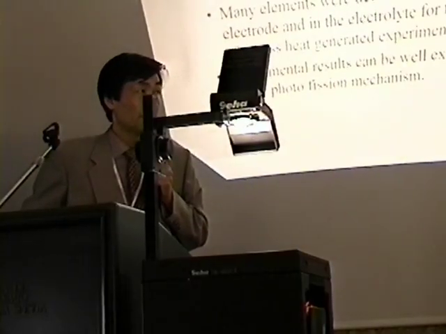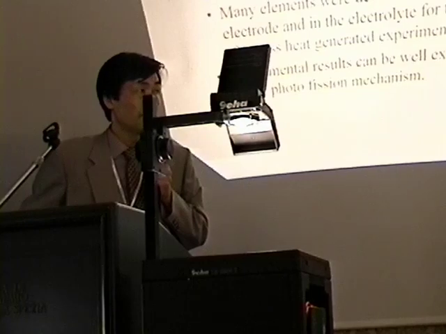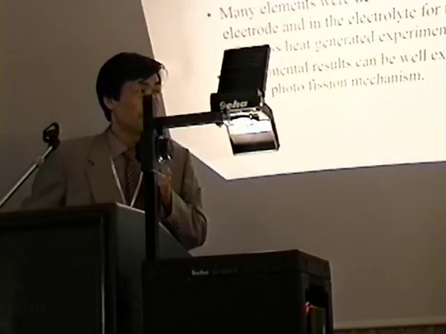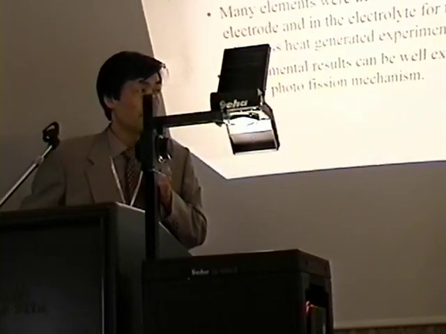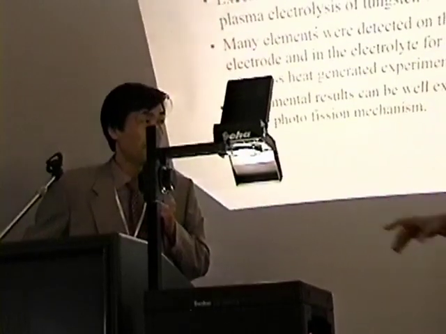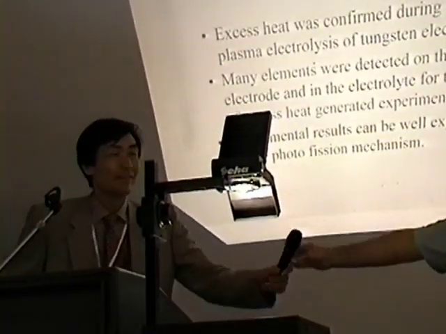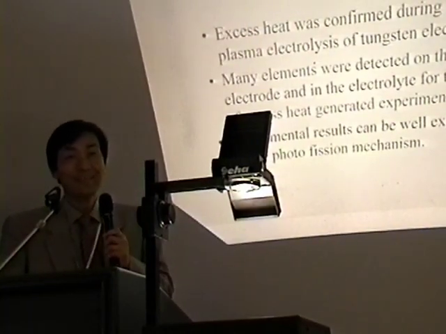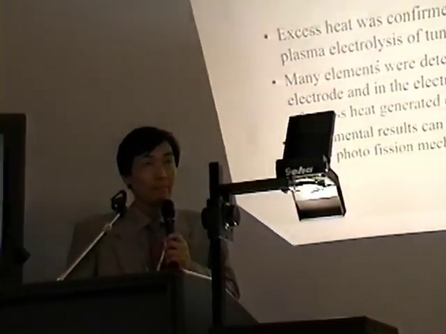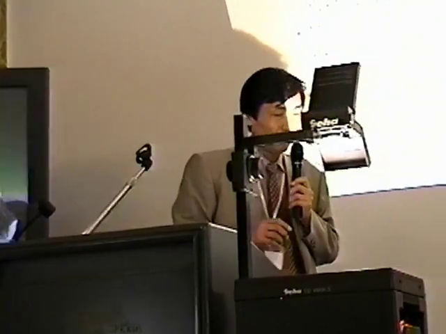What kind of levels were they? I mean, what parts per million or per billion? How did you determine how much these levels increased? Yes, so you mean the impurity? Yes. And how much were they?